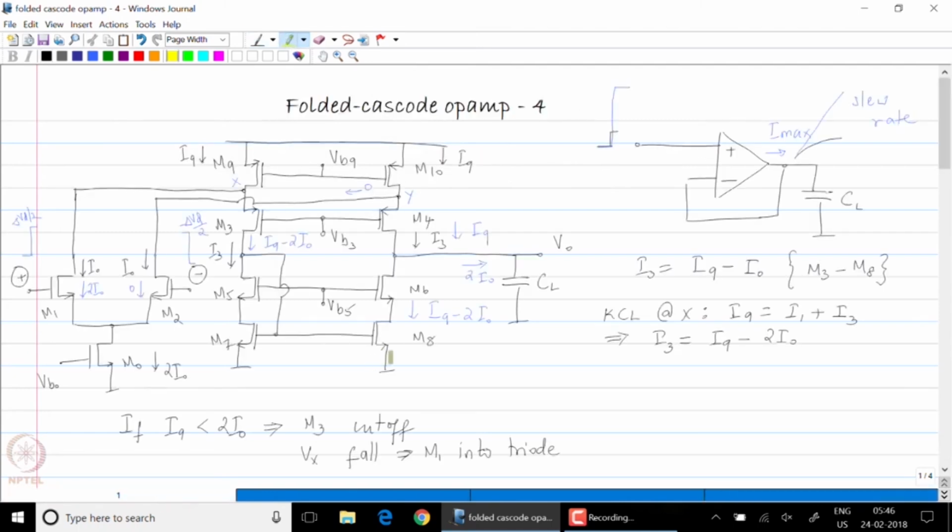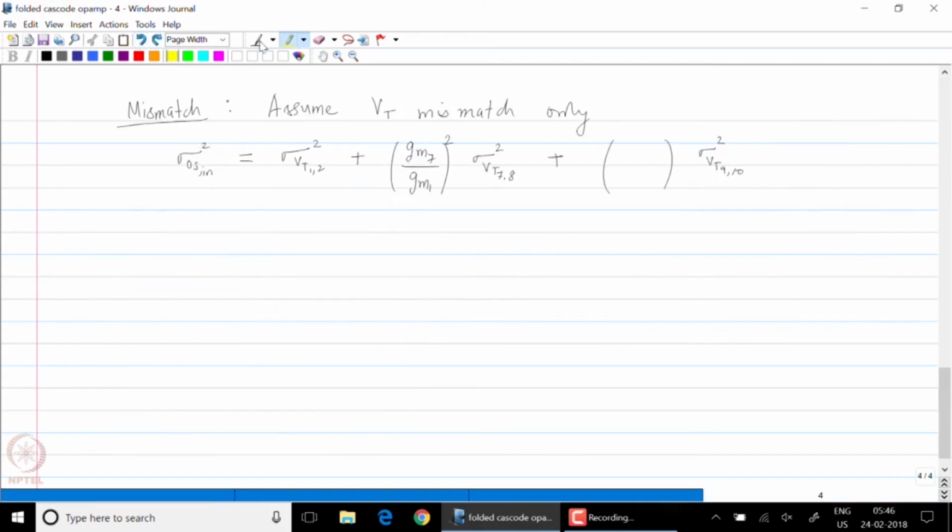So that is the case for this transistor and these two transistors. And finally for M9 and M10, again their offset voltages are expected to be scaled by the relative ratios of GM9 and GM1 the whole square.